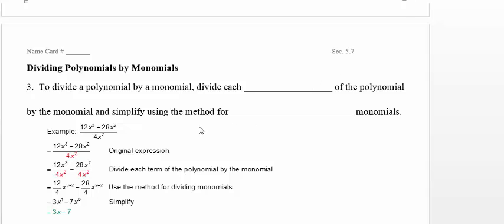All right, so we just looked at dividing a monomial by a monomial. The next step is for us to look at dividing polynomials by monomials.